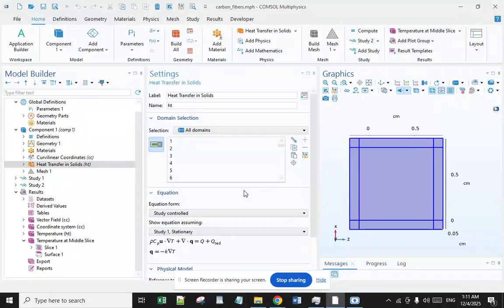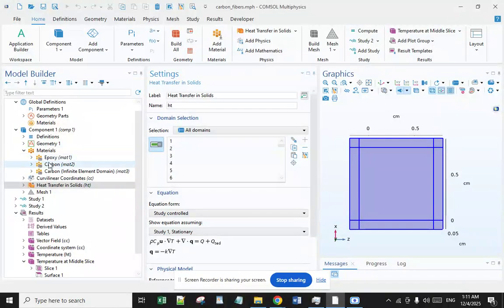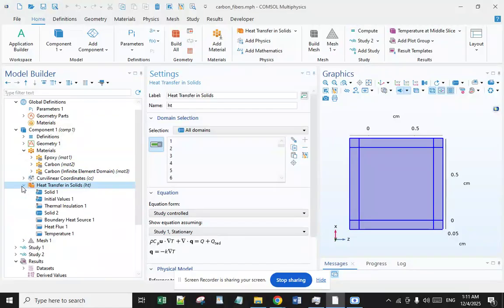And here you can see the contour simulation. I have used curvilinear coordinates as a physical module, with epoxy, carbon, and carbon infinite element domain, and heat transfer in solids as another physical module.